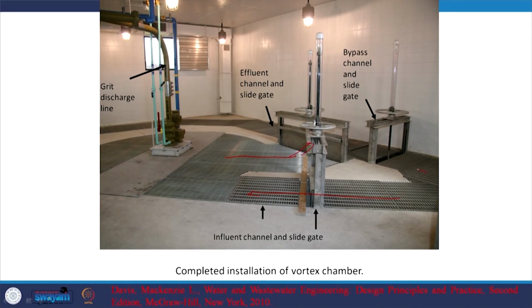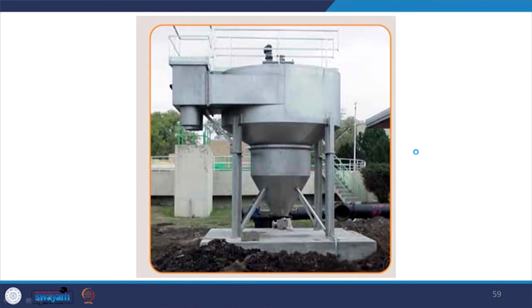So, as required, if the flow conditions require it, the bypass, that is something that you see. Typically there are also compact units, but the issue with these vortex grit removals is that unlike the aerated ones, they are proprietary, as in you need to typically buy them from a company.